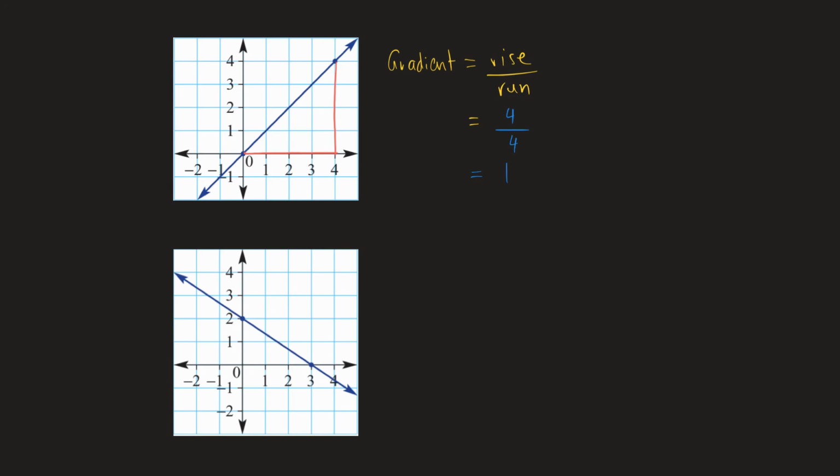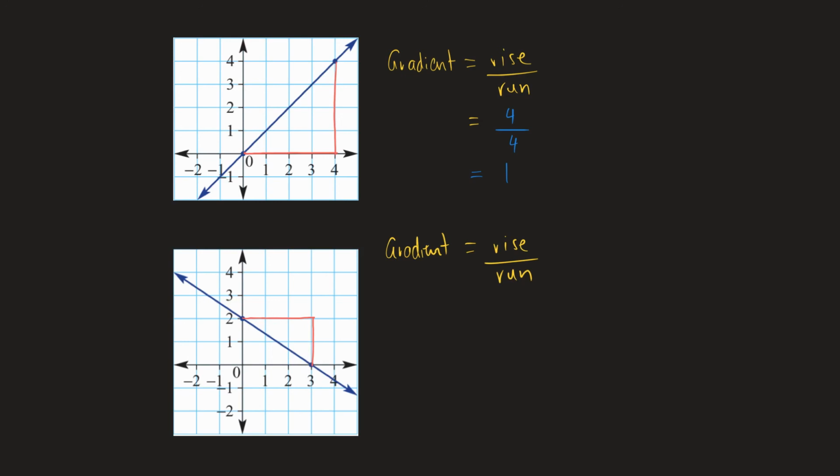If we're looking at our second graph here, again I'm going to draw a triangle between these 2 points. So there's my triangle. Remember, the gradient equals the rise over the run. So the rise here, well, it's actually a fall.